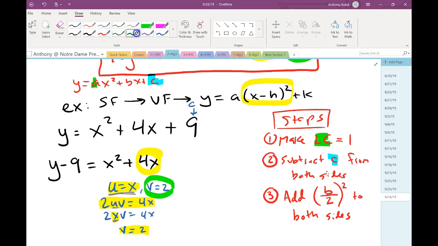And what b am I talking about here? I'm talking about that b from our standard form equation. So this b over 2 squared is the same thing as a v squared, right?